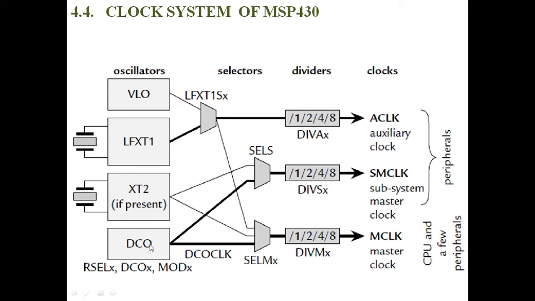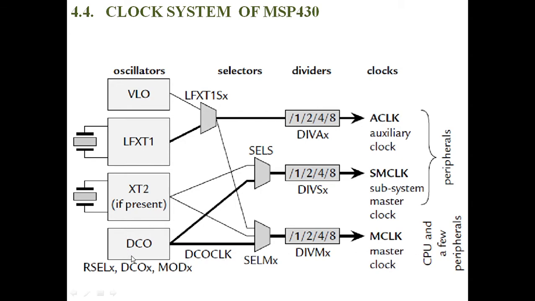Next, DCO. DCO means digitally controlled oscillator, which is a highly accurate system oscillator which generates the exact clock frequencies for high speed applications and the CPU and some specific peripherals.